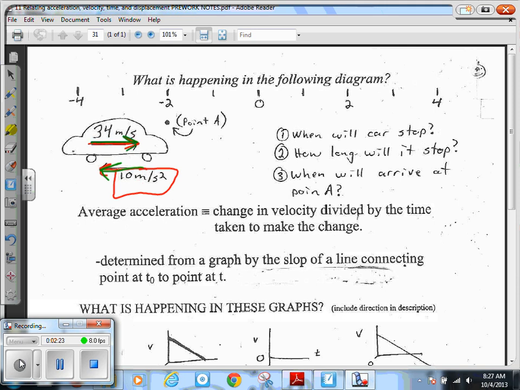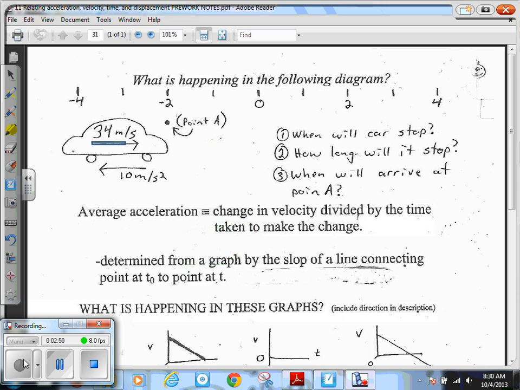Remember that little checklist we did? Is this car going to be slowing down? It is, right? And that's why Andrew in his head could say, after 1 second, it's going to be 24 meters per second. After 2 seconds, it's 14. After 3, it's 4. And then 0.4 meters per second. Any questions on that? Does that make sense now?